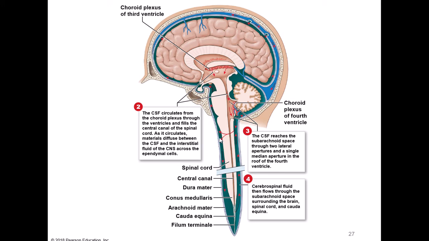So again, just one more time, down the front here, comes around the back up here, and then all the CSF is going to make its way, if you follow my cursor, all the way up to here. Right? And then again, some CSF went up the front this way. But ultimately, everything is going to go over here. So let's take a look now how it gets back into the bloodstream, the cerebrospinal fluid.